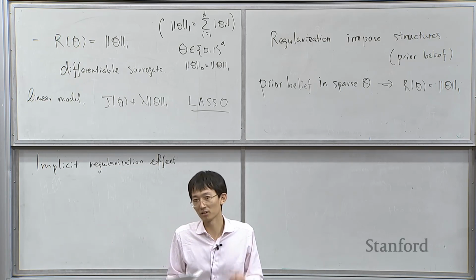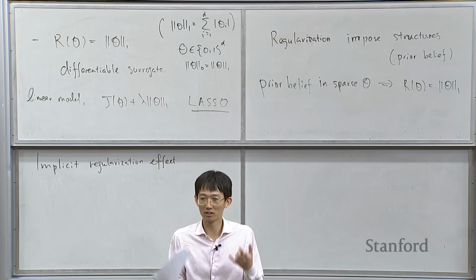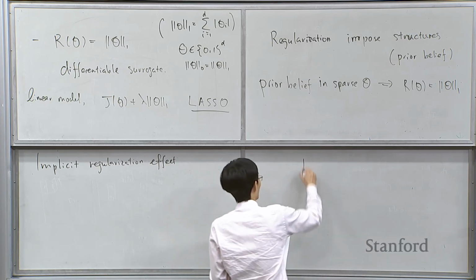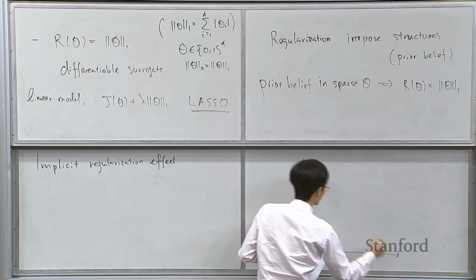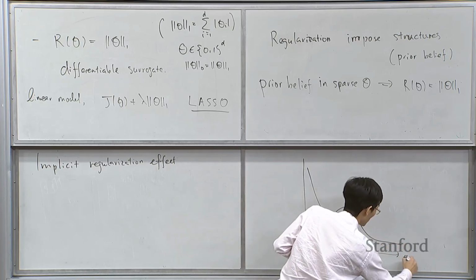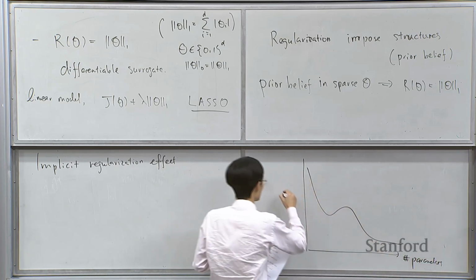in deep learning. And this is particularly mysterious because in deep learning, people are using over-parameterization. We are in this regime where you have more parameters than the number of samples. Recall that in the last lecture, we drew this double descent curve, where here is the number of parameters and this is the test error.